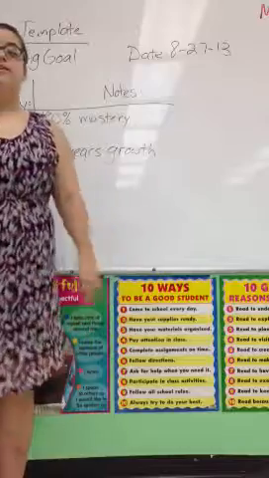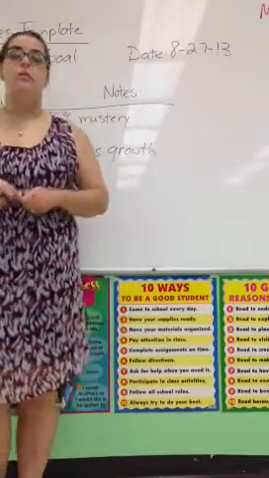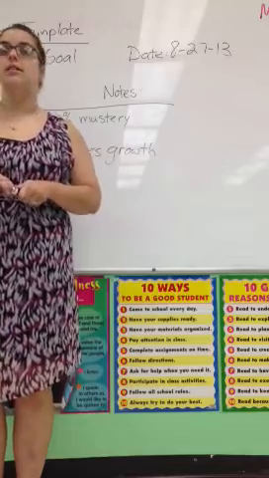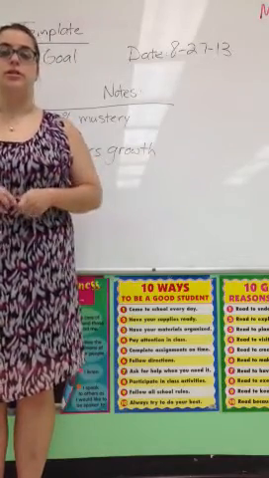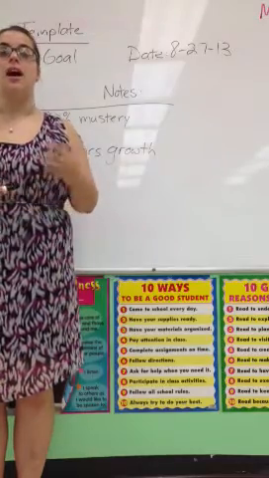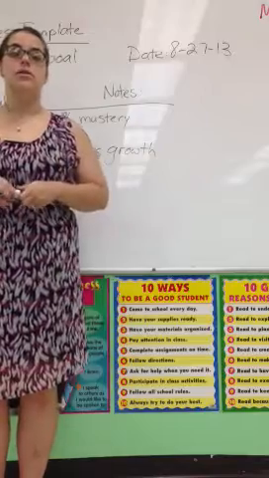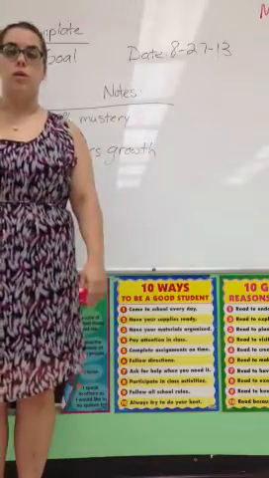Now, one more thing to remember when we're thinking about goals. The goals that you set and that you make this year in science class are going to help you achieve in the future. It'll help you achieve for the rest of middle school, and then it will help you in high school, college, and beyond. It's important to set goals to give yourself something to work for.